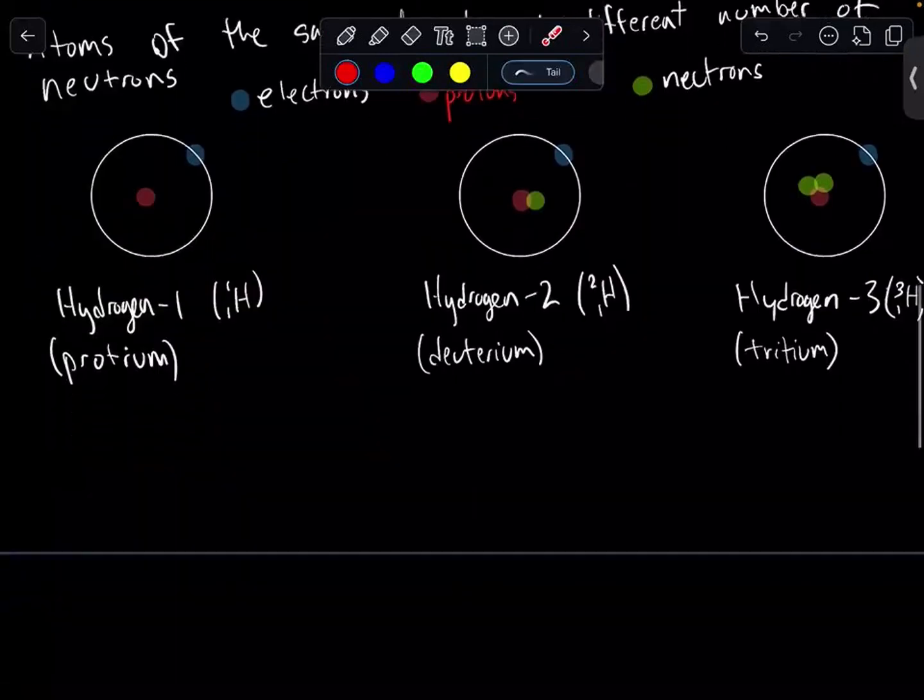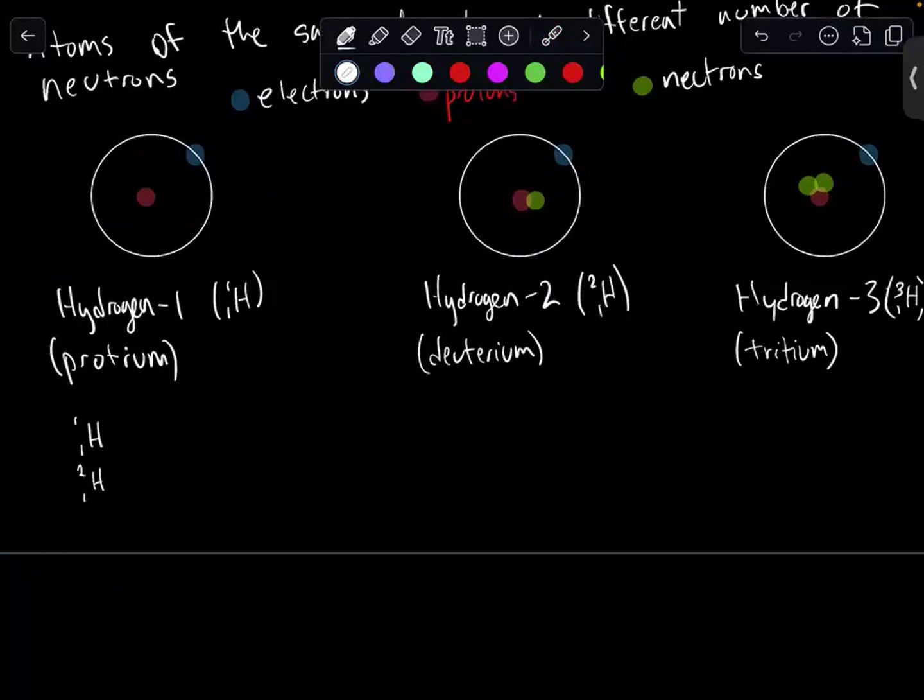If we were to chart this out real quick, hydrogen 1, 1, hydrogen 1, 2, and hydrogen 1, 3. We look at our protons, neutrons, and electrons. We have one proton, one proton, one proton, zero neutrons, one neutron, two neutrons, and one electron, one electron, one electron. So they're all relatively the same.